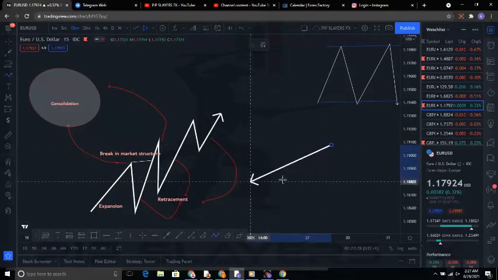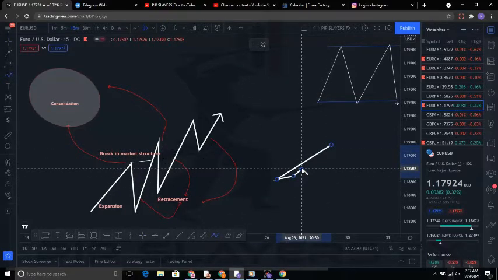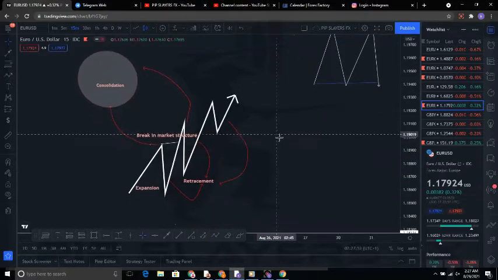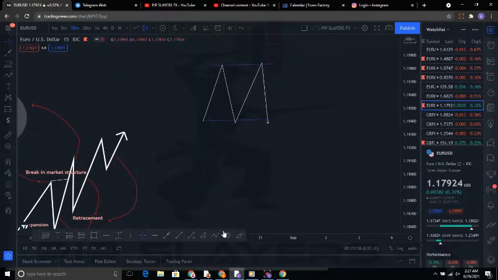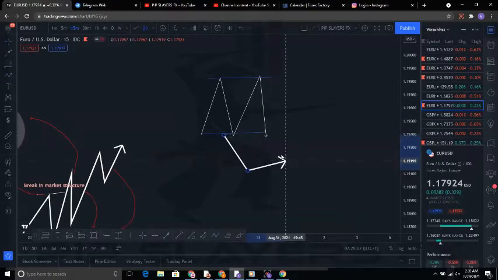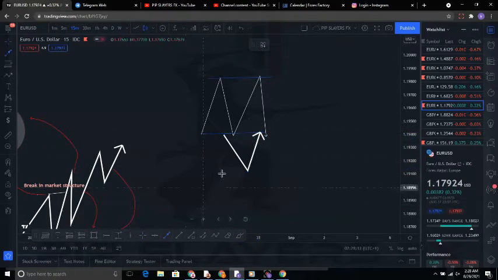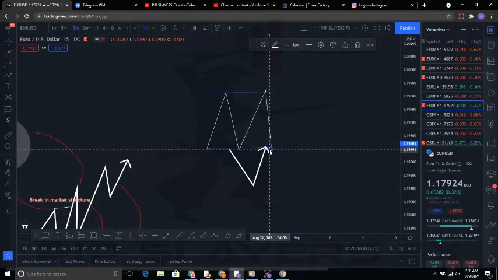What I mean is, at this point here, when the market breaks this consolidation, we should have a retracement downwards. Do you get what I mean?